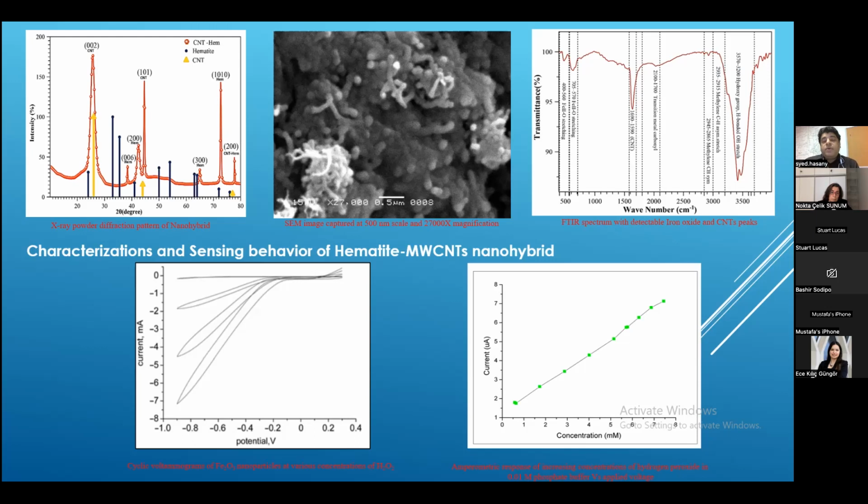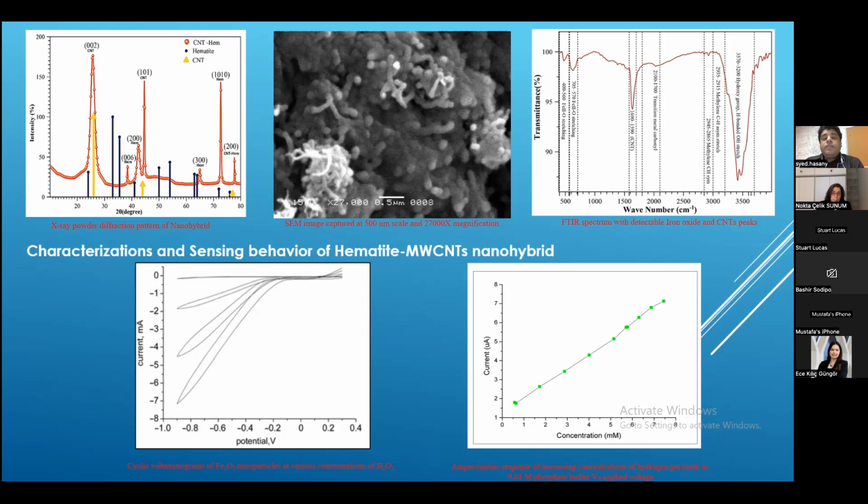For this purpose, we produced 0.01 molar phosphate buffer at pH 7, and we found a linear correlation between the response current and the increasing concentration of hydrogen peroxide, which is because of the increasing reduction of hydrogen peroxide with the increasing concentration. As we can see here, it starts at the potential of minus 0.25, and with the increasing concentration, we get a different response current.